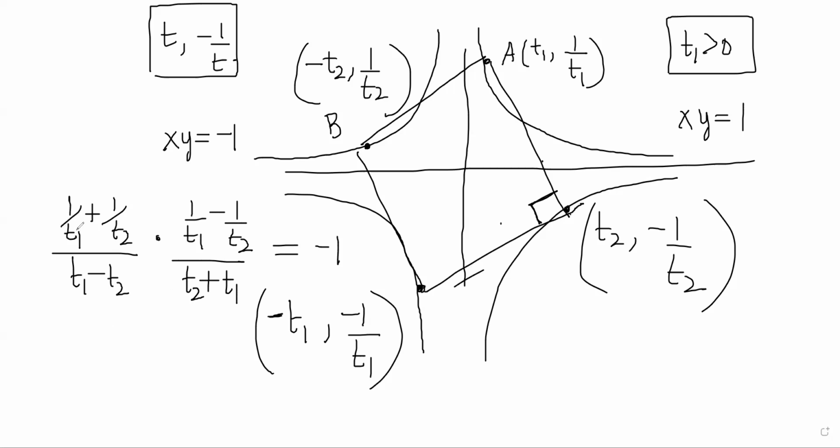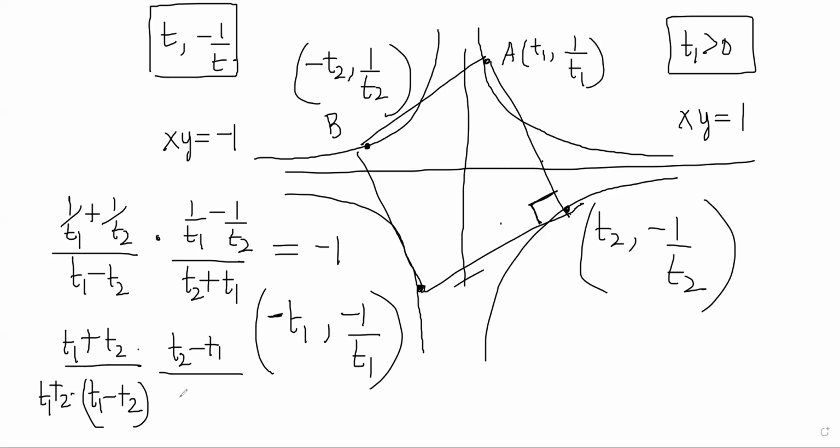And what we are getting from here is t1 plus t2 by t1 t2. And here we have t1 minus t2. And again, here we have t2 minus t1 by t1 t2, t1 plus t2, right? So this gets cancelled. This becomes a minus 1.